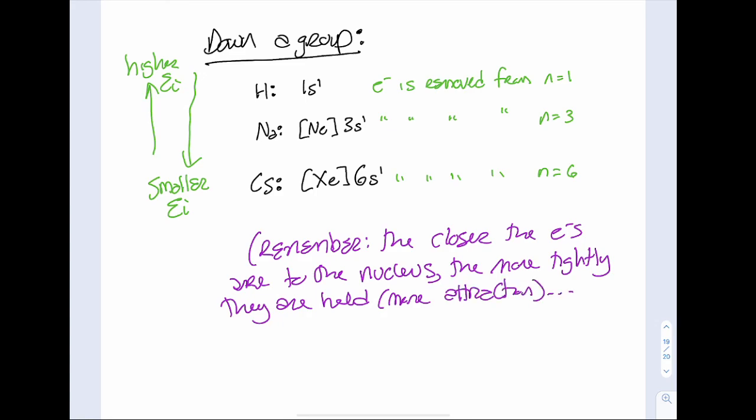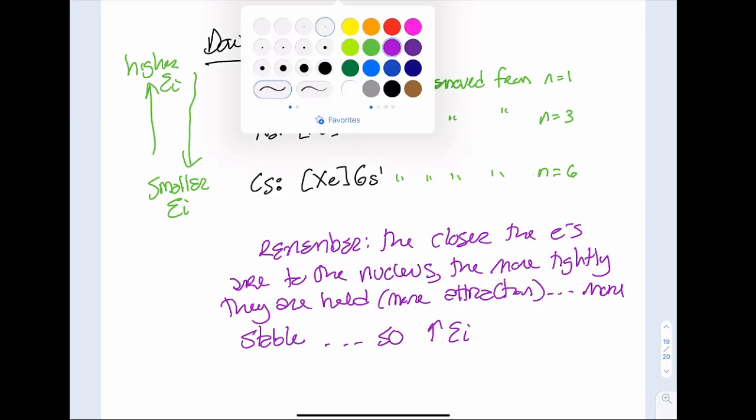We could also say they are more stable. We'll get rid of this parenthesis. So lots of dots. Higher ionization energy when they're closer, right? The closer the electrons are to the nucleus, higher ionization energy, right? It's more difficult to remove it when it's held tightly. It takes more of an effort, so I have to put more energy into it.